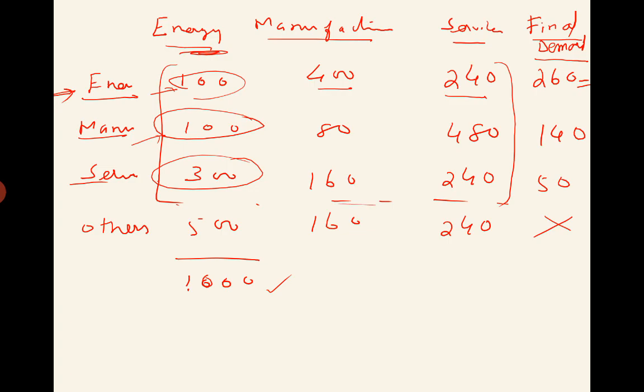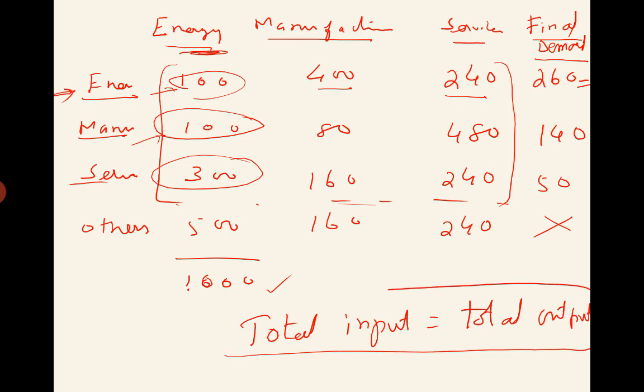Using this table, we have noticed that total input is equal to total output for every sector. This is the basic assumption of this model; we work out these problems on the assumption that total input equals total output.